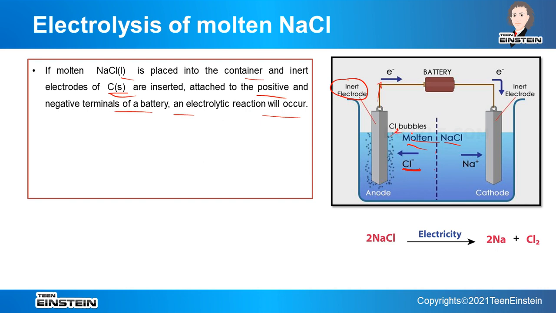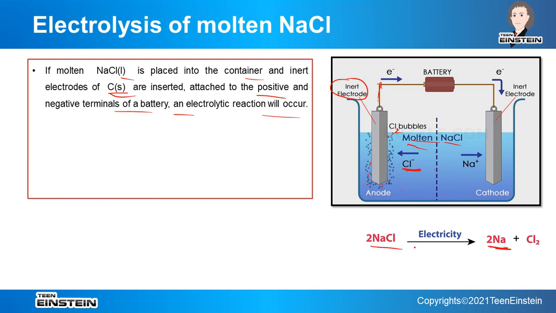Basically it is Cl2 bubbles, the gaseous bubbles, because ultimately Cl atom is converted to Cl2. So obviously there will be bubbles of chlorine gas. And in the right hand side, Na+ will accept this electron which is coming from left hand side, and itself will be converted to sodium. So we are getting the element sodium.